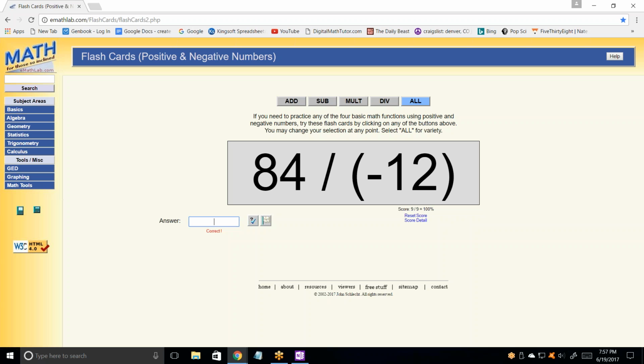Both being able to divide, multiply, add, and subtract positive and negative numbers and do it with basically 99% accuracy. That's a huge foundation for math. And if you don't have that foundation, you're going to have problems with all math above algebra. It's going to haunt you with geometry, trig, all of it.